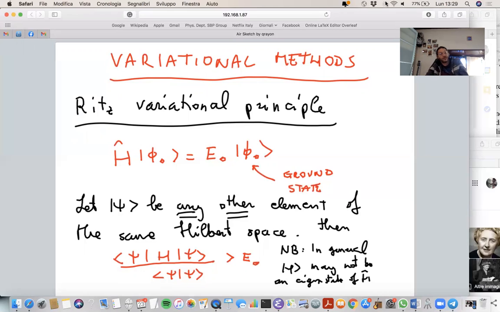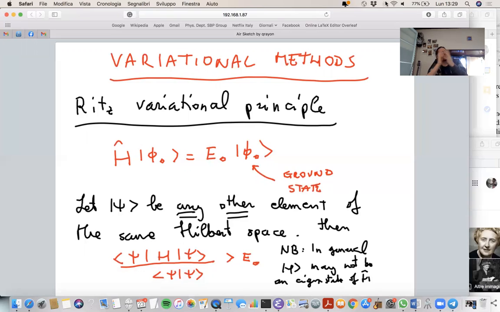Of course, there will be an expectation value, but there will be a significant width of the distribution associated with this expectation value.